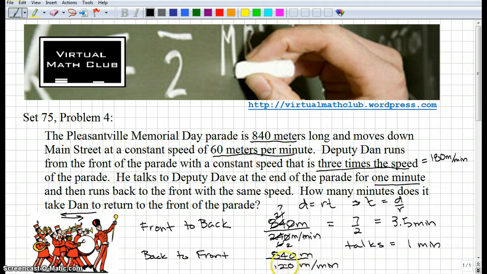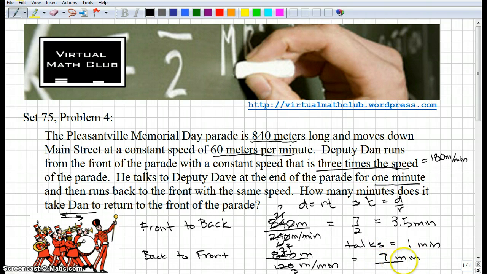So let's see now. We can divide both of these by 40, right? And that's 21 and 3. So it looks like it's going to be 21 minutes. Whoops, what am I saying? Not 21 minutes. Where did I get that? Yeah, 21 divided by 3, so that's 7 minutes.